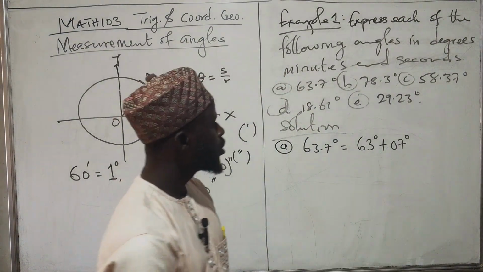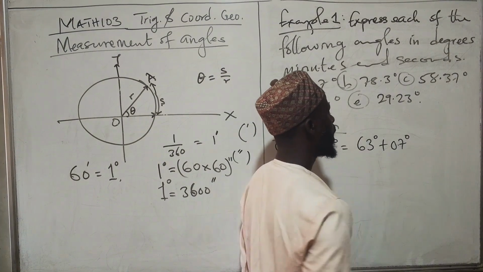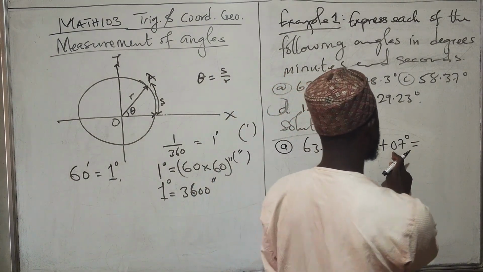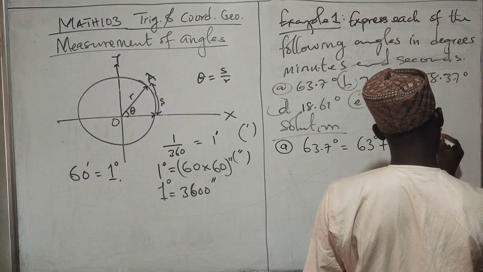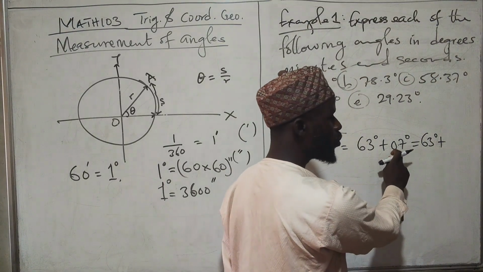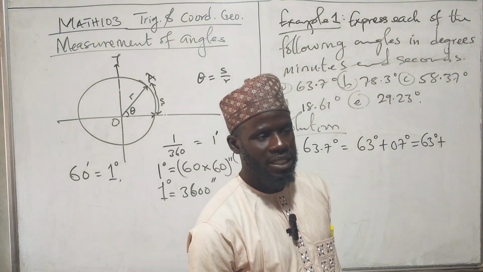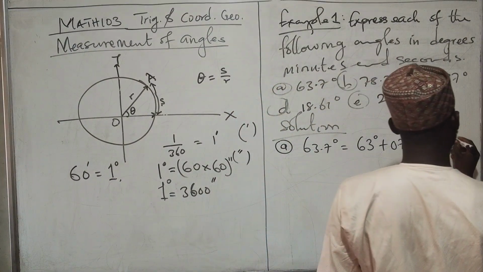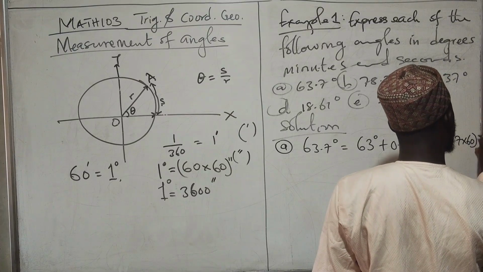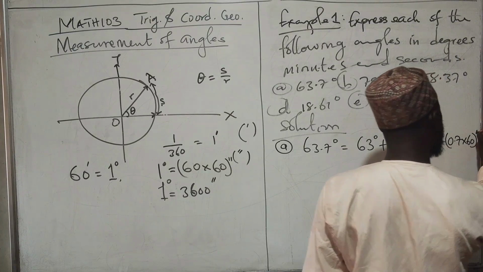So we convert this to minutes. To convert this to minutes, we multiply it by 60. And so we have 0.7 times 60. After the multiplication, the answer is in minutes.